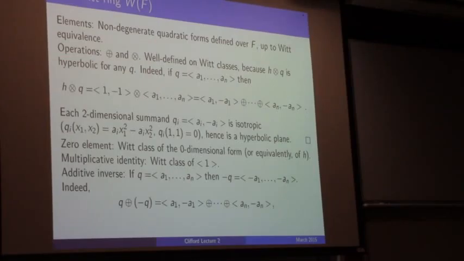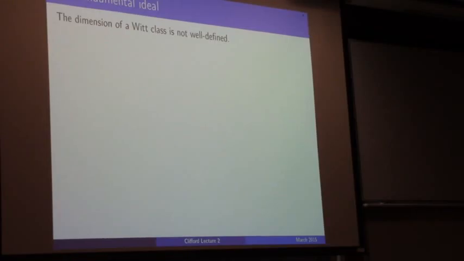And so now we are really dealing with a ring because each quadratic form has an additive inverse. And again, there's an obvious formula here that expresses the additive inverse. We lose something in the process because the dimension of a Witt class, an element of the Witt ring, is not well defined.